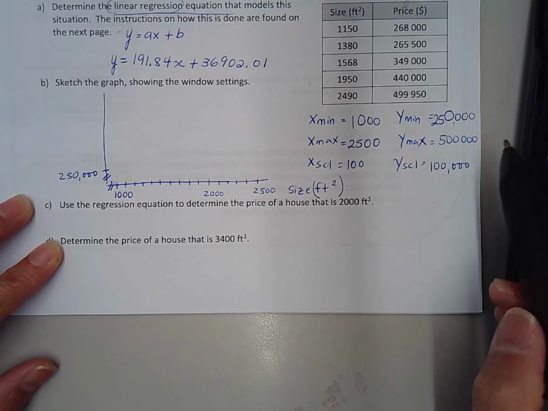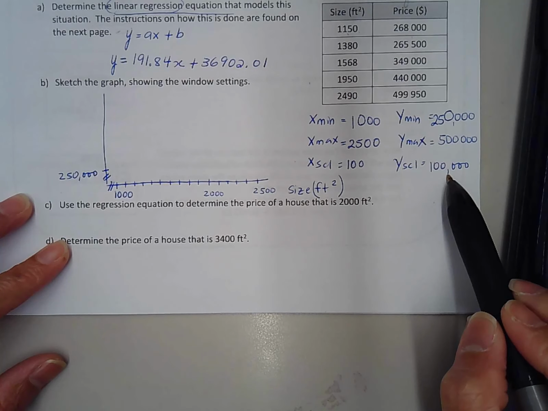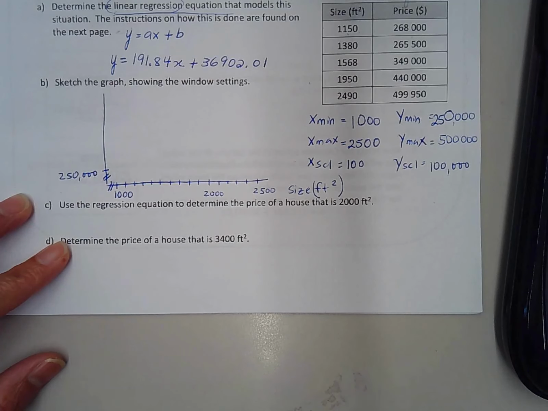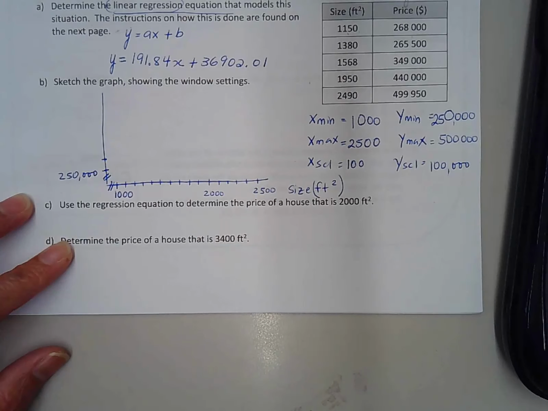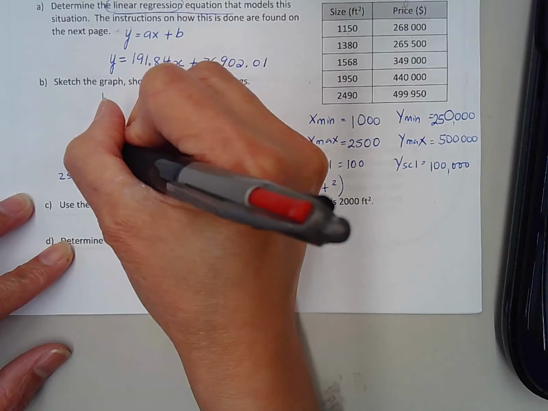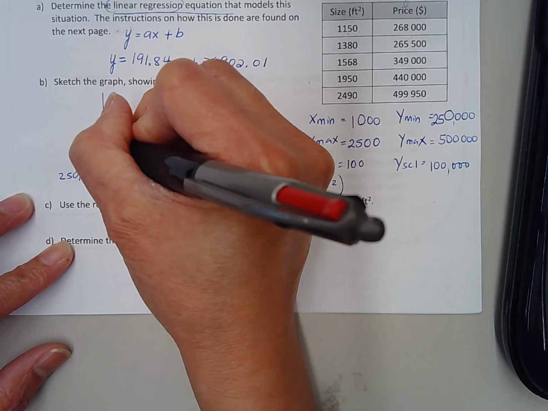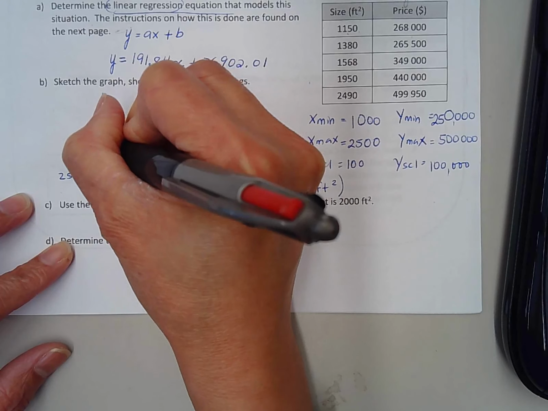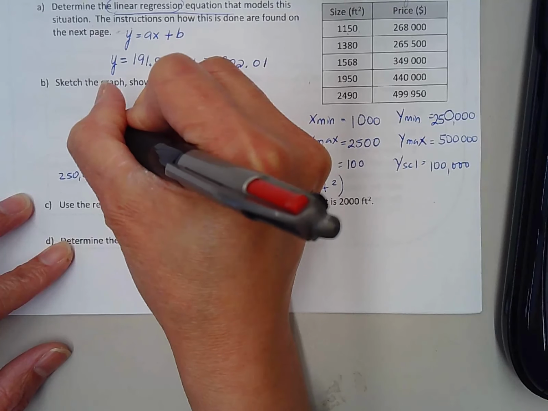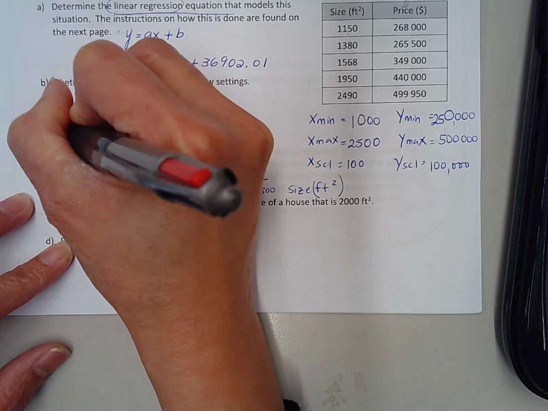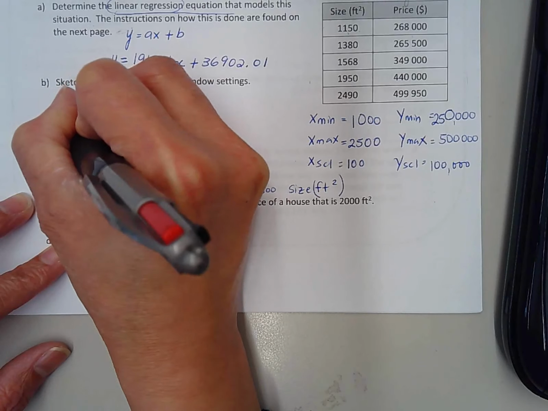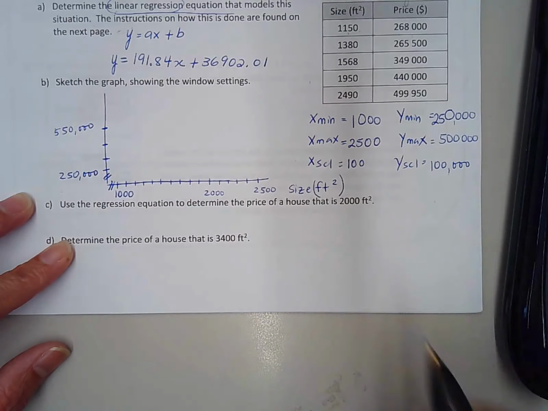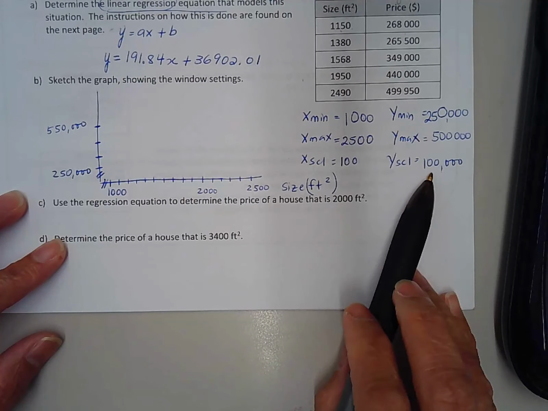250,000. And then we go up by 100,000. 250, 350, 450, 550, because we chose 100,000.